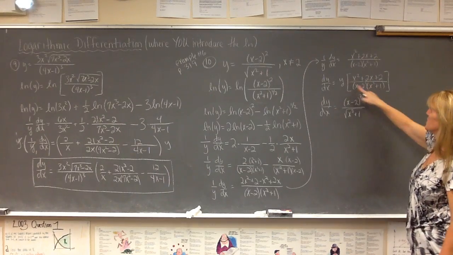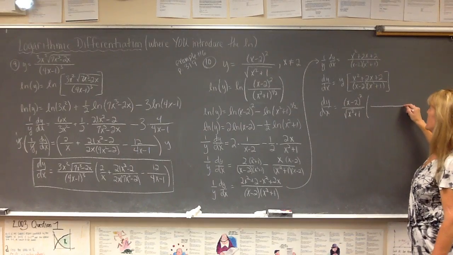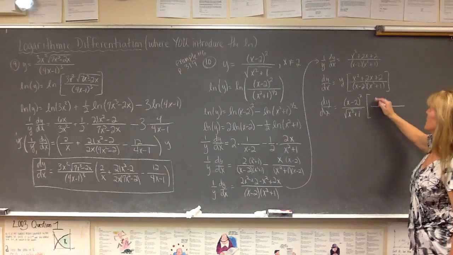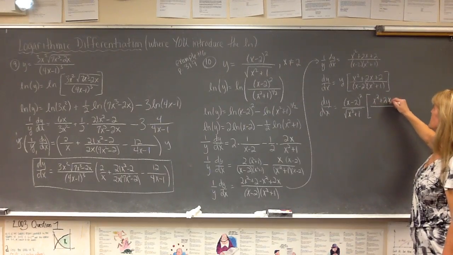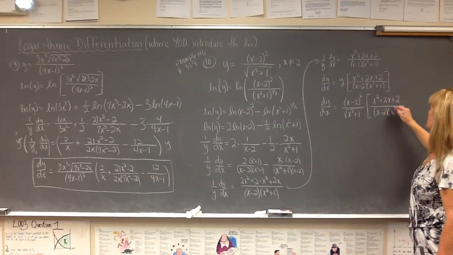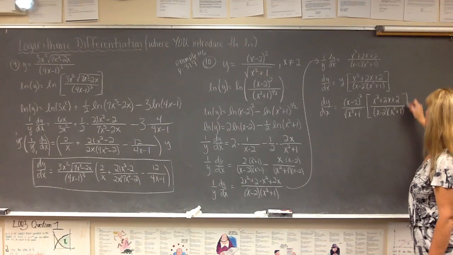And this all gets multiplied by what's in these brackets: x squared plus 2x plus 2 over the quantity of x minus 2 times the quantity of x squared plus 1.